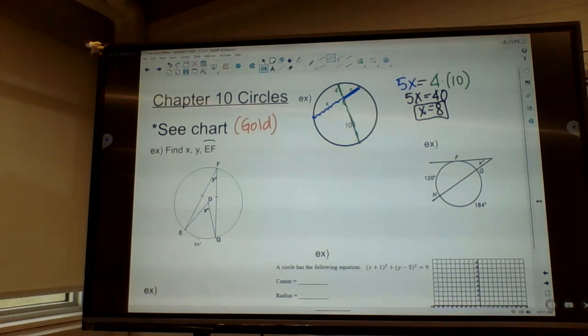So we're doing 1/2 of 120 minus 56. So that's 64, and then half of that would make that angle 32. So that's this angle up here. So again, I would take the whole chart that we made from chapter 10 and put it all on my note card with drawings, with as much information as I can give.